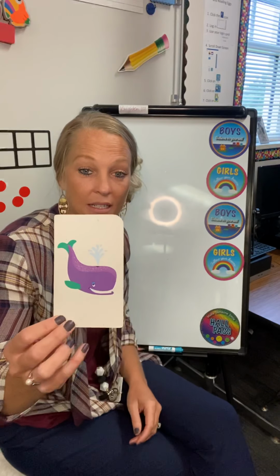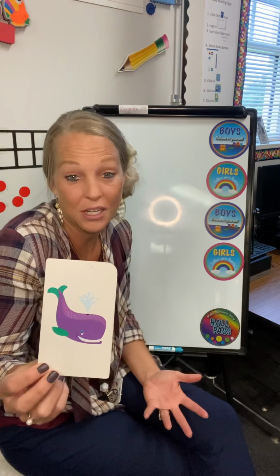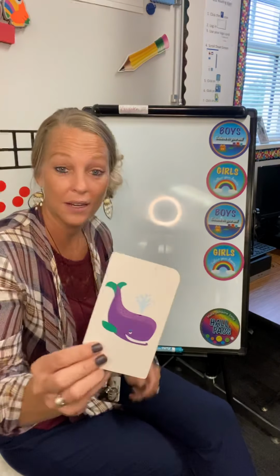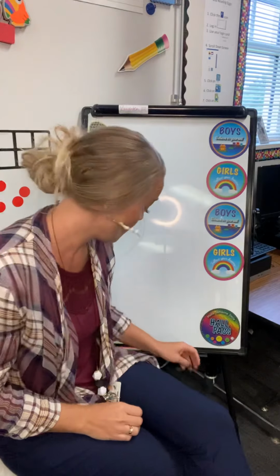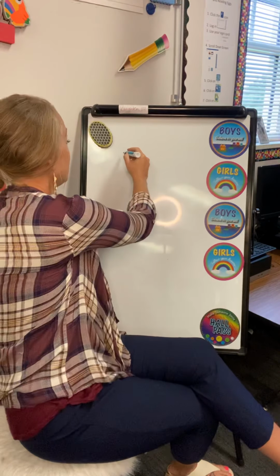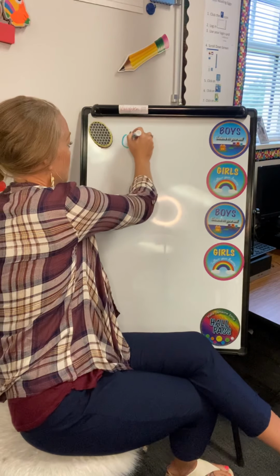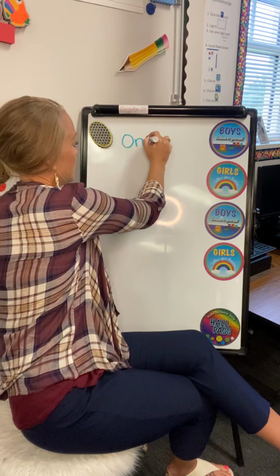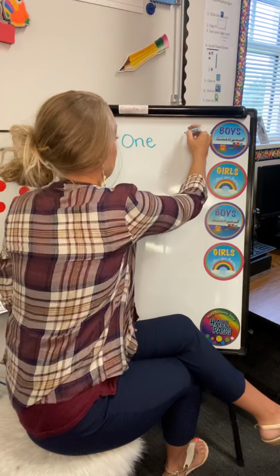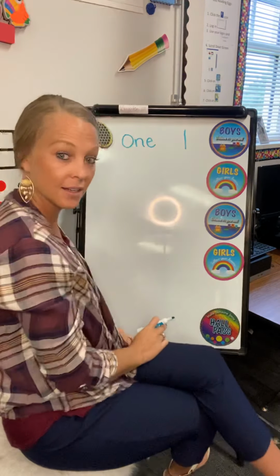Okay, so if we want to start with the number 1 today, I can look at this and see, how many wells do you see? That's 1. So there's your 1 right there. Well, I can show the number 1 in a different way. I can write the word one. I can write the number 1.